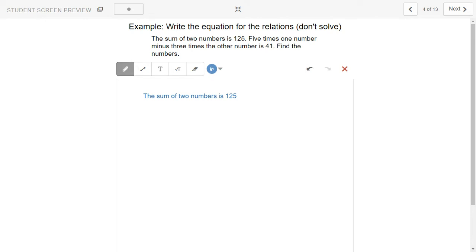Now, every time you see the word is, you know that that is represented by an equal sign. So we know that something has to be equal to 125. The word sum means I need to add.